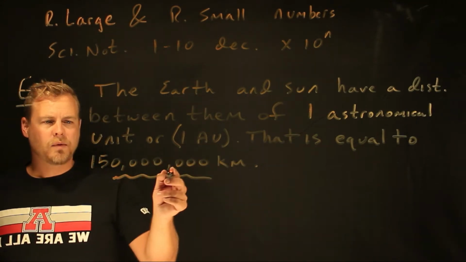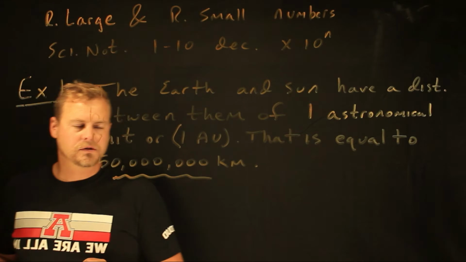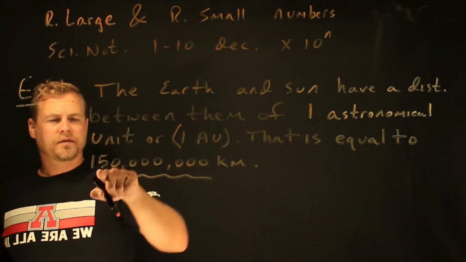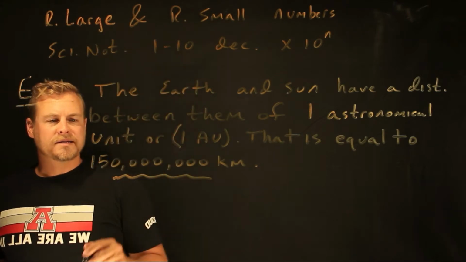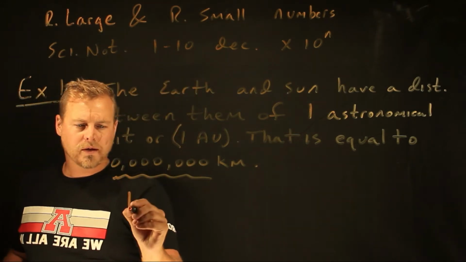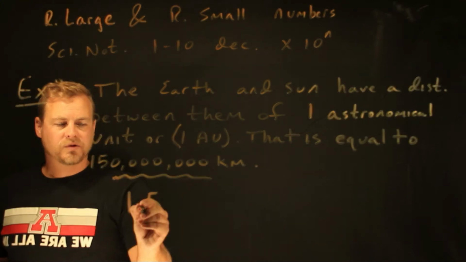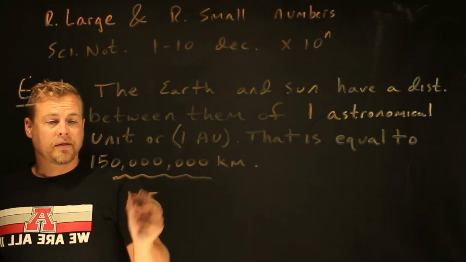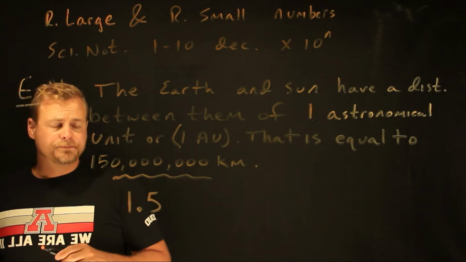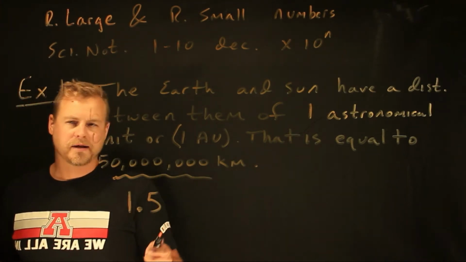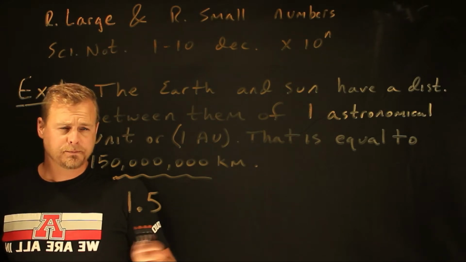And so what I want to do is change this into scientific notation. Okay, I want to change it so that this number is between 1 and 10. And so the best way to do that is you're going to go 1.5. I'm going to take all those numbers and I'm going to make it equal to 1.5. And then what do you do with these zeros? Okay. Well, what you're really doing with this is you're multiplying it by a power of 10.